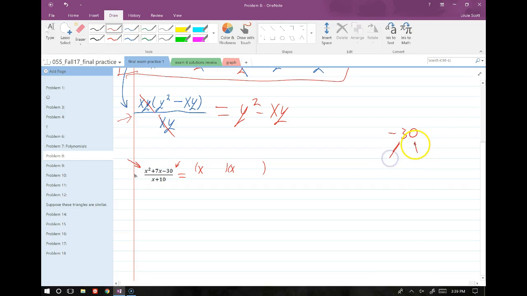Which one do we want to be negative? 3, right? Negative 3. And that's because 10 minus 3 is positive 7, and positive 7 is what our middle term was, right? If that were a negative 7, then we'd reverse those signs. All right, so we have x minus 3, x plus 10.